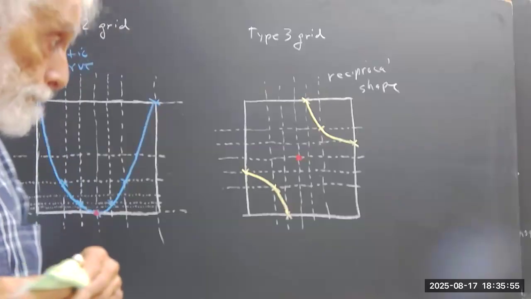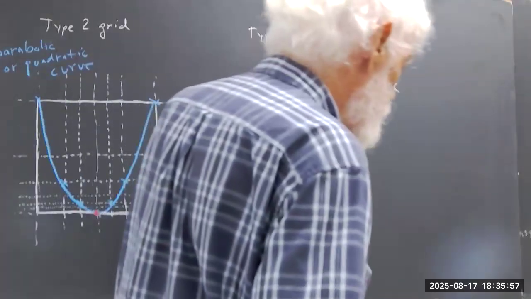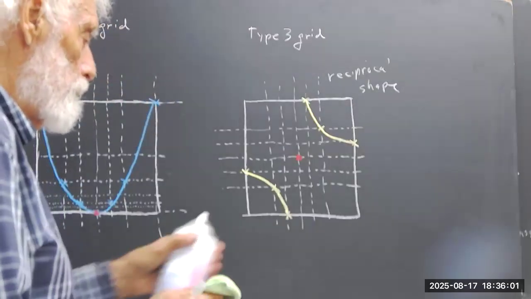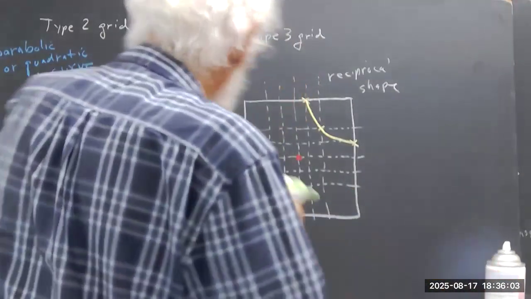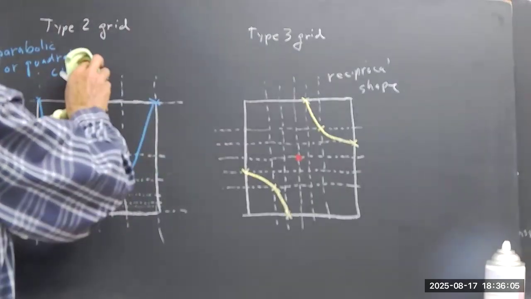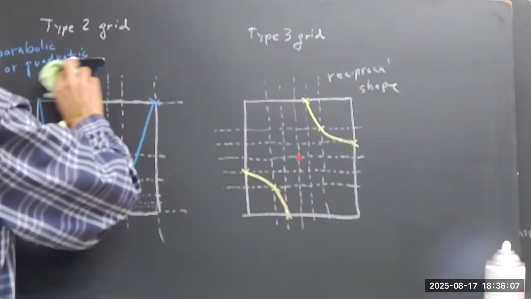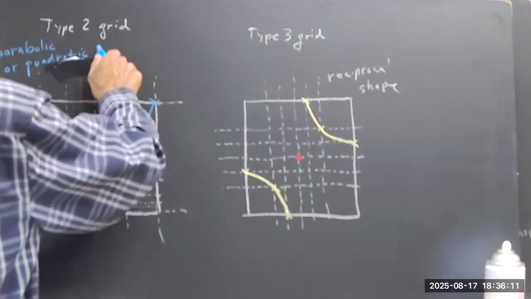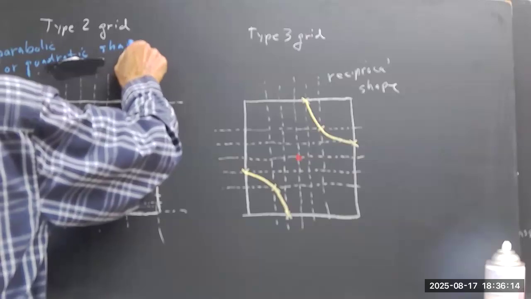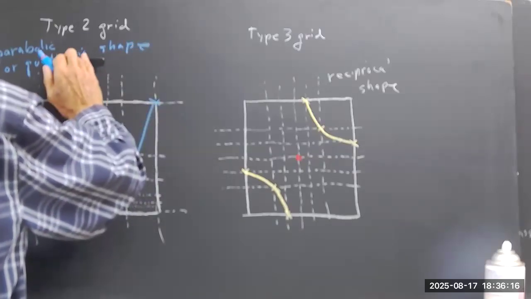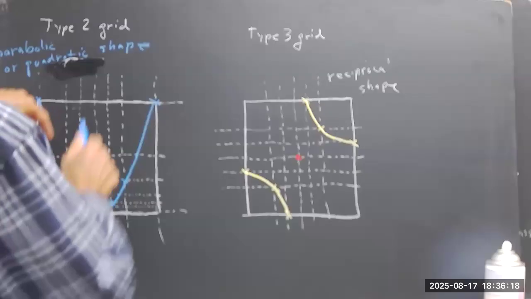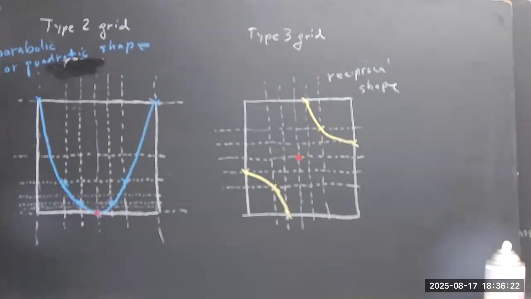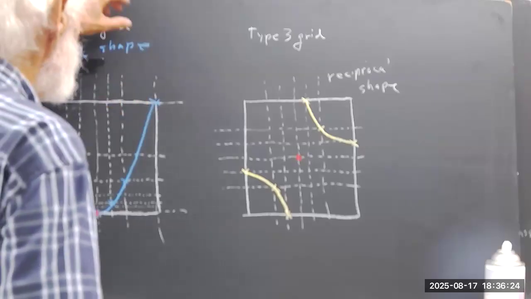So I'm even going to make a correction here. I'm going to refer to this as the parabolic or quadratic shape.